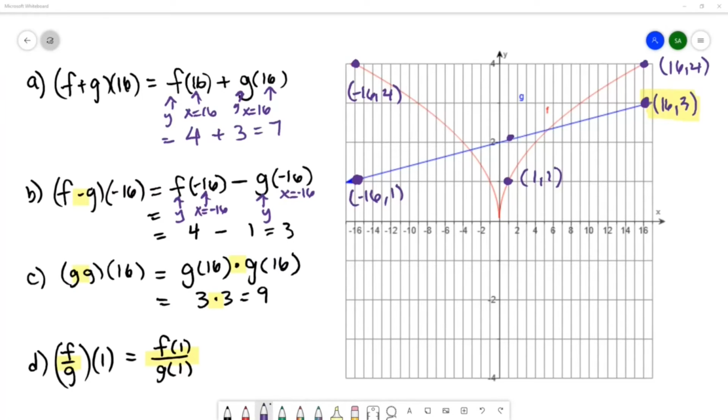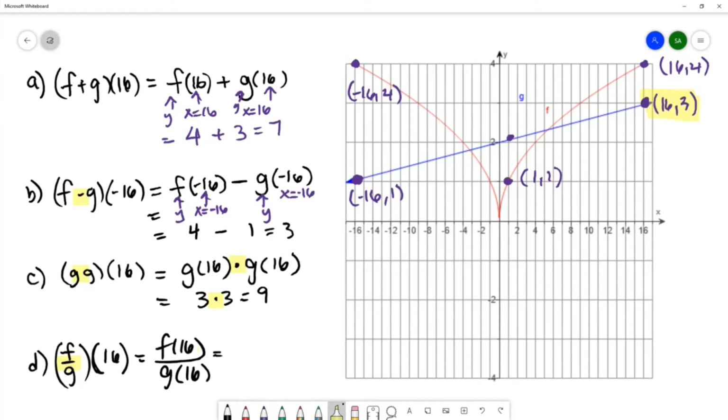Okay, so what I've noticed here is I wrote the problem wrong. I wrote this as f over g of 1. It should have been f over g of 16. So let me make that correction. So this is f of 16 divided by g of 16.